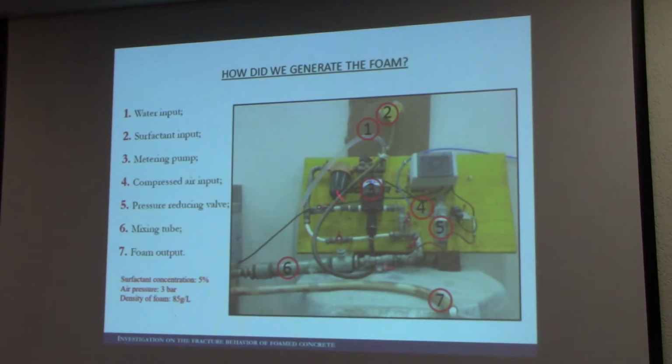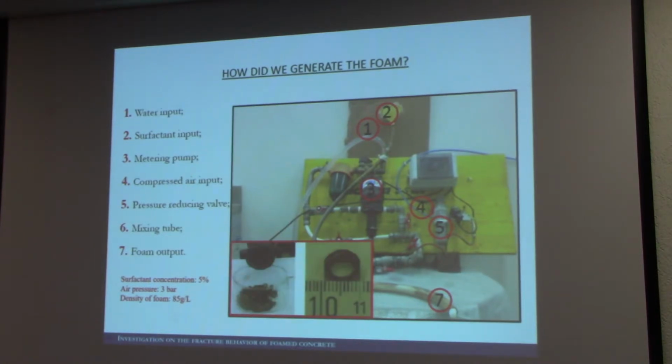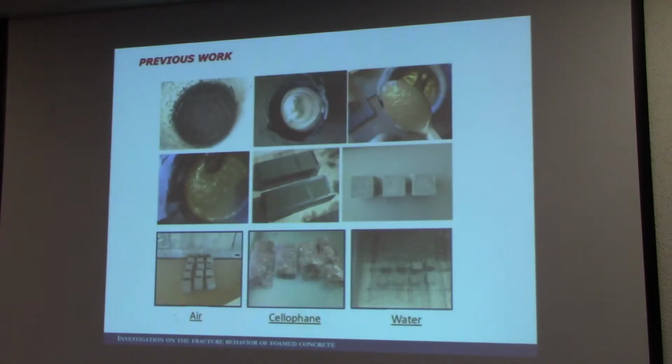Then these elements are conveyed through channel 6 and to these rings. There is a turbulent flow that creates the final foam, which has a density of 85 to 95 grams per liter. So, introducing the preformed foam into the cement and water, we obtained the foamed concrete.